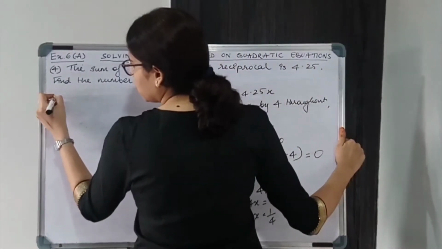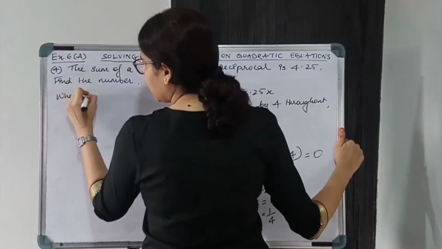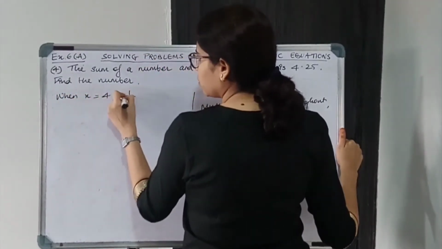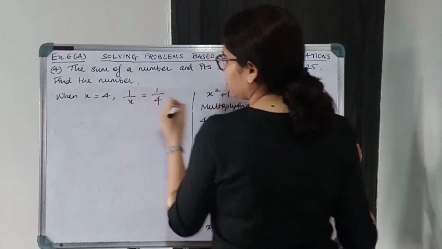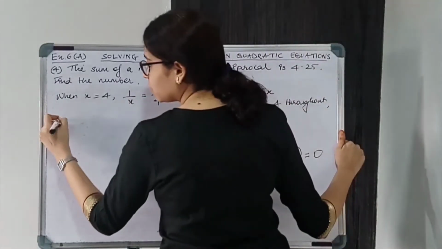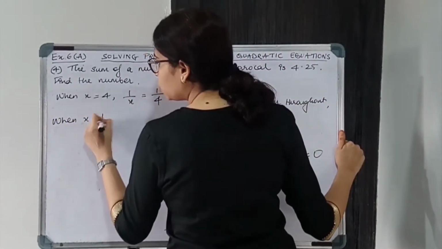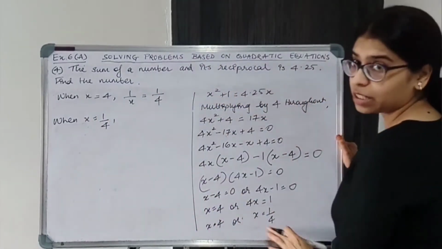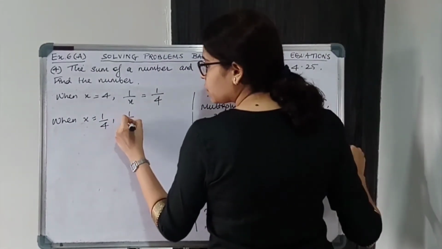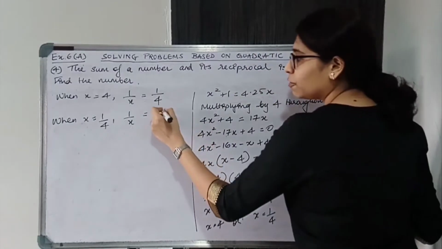So when x is equal to 4, 1 by x is equal to 1 by 4, and when x is equal to 1 by 4, जो हम लोग को दूसरा नंबर मिला, तो 1 by x will be what? It will be 4.